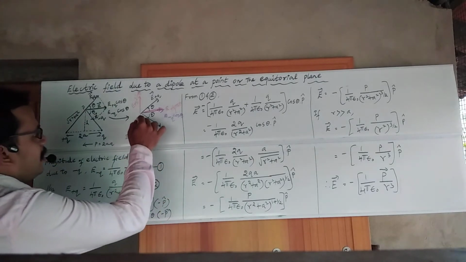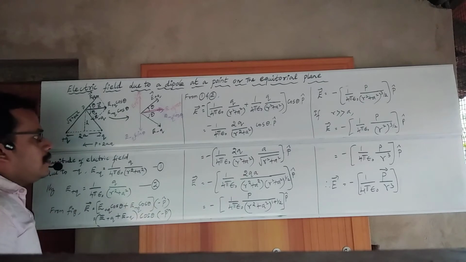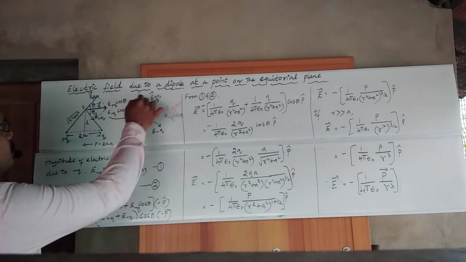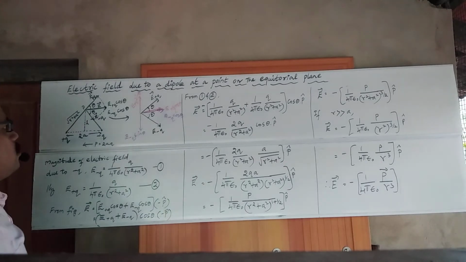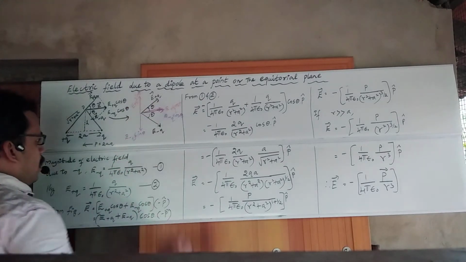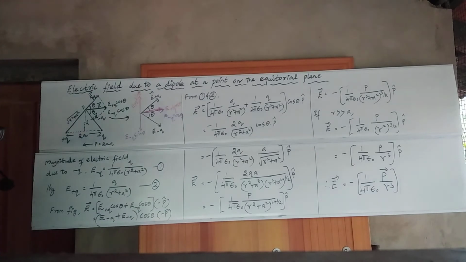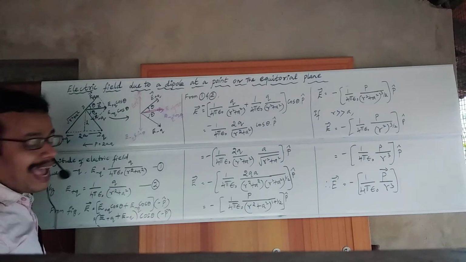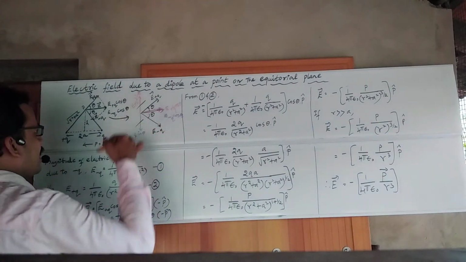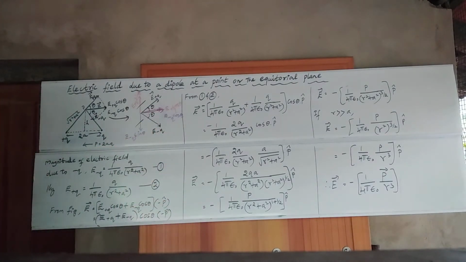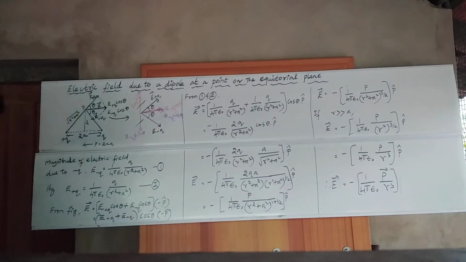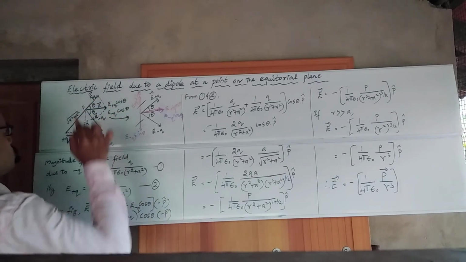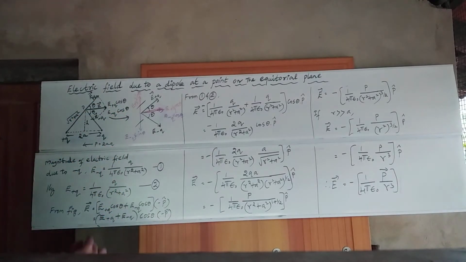Similarly, I have done the same thing for E minus q. So you can see these two are the same in magnitude and opposite in direction, E plus q sin theta and E minus q sin theta. So the vertical components of the two vectors cancel out here. What is remaining is E plus q cos theta and E minus q cos theta. So their sum should be equal to E. That is why I got this.